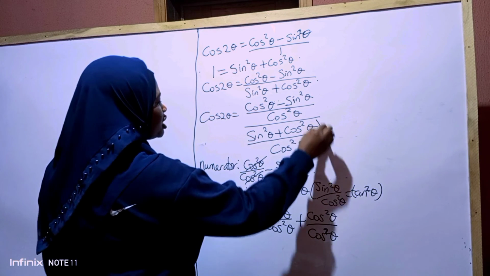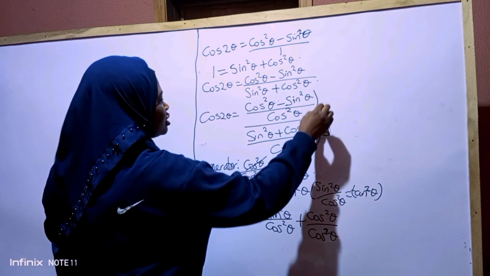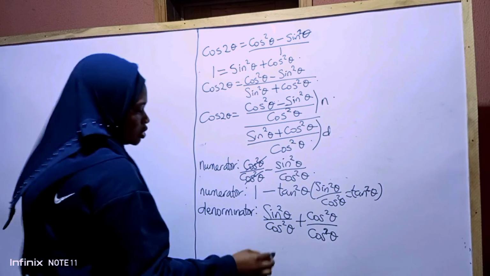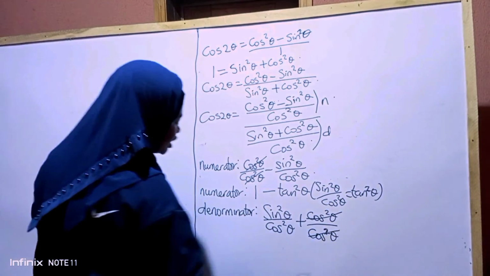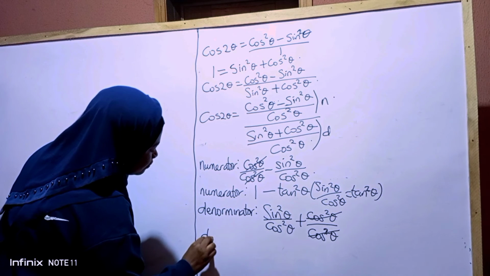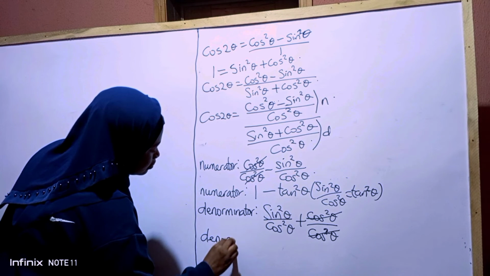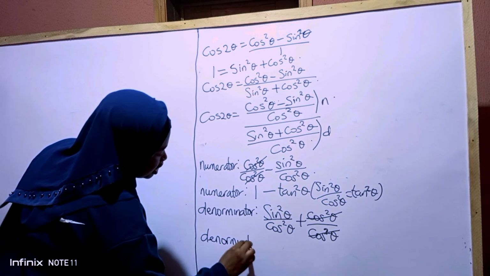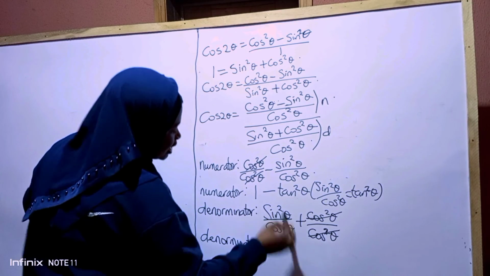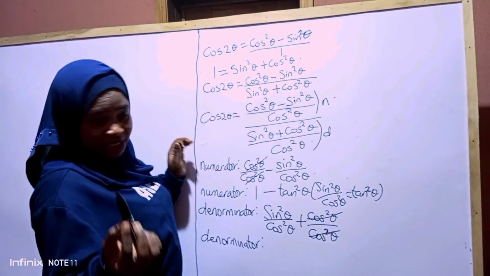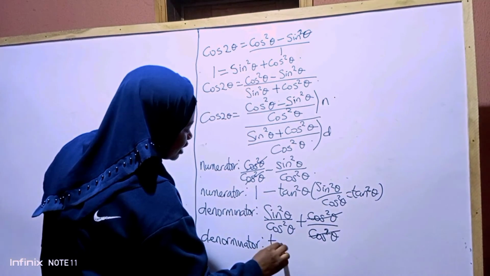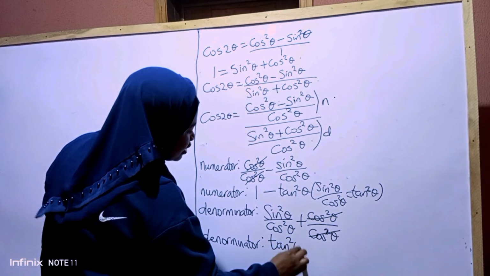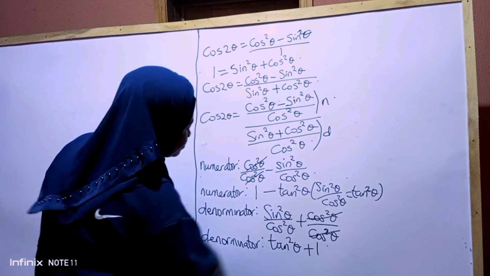So cos squared theta cancels cos squared theta, and the denominator becomes tan squared theta plus 1.